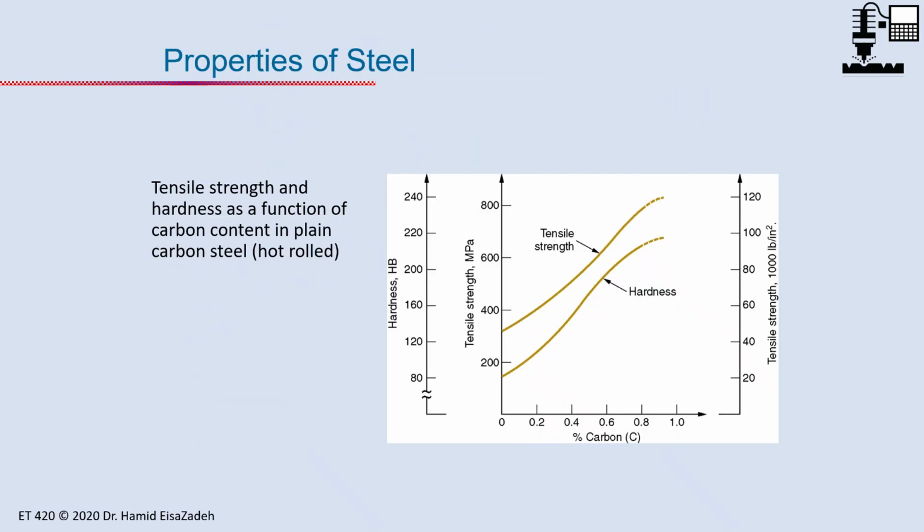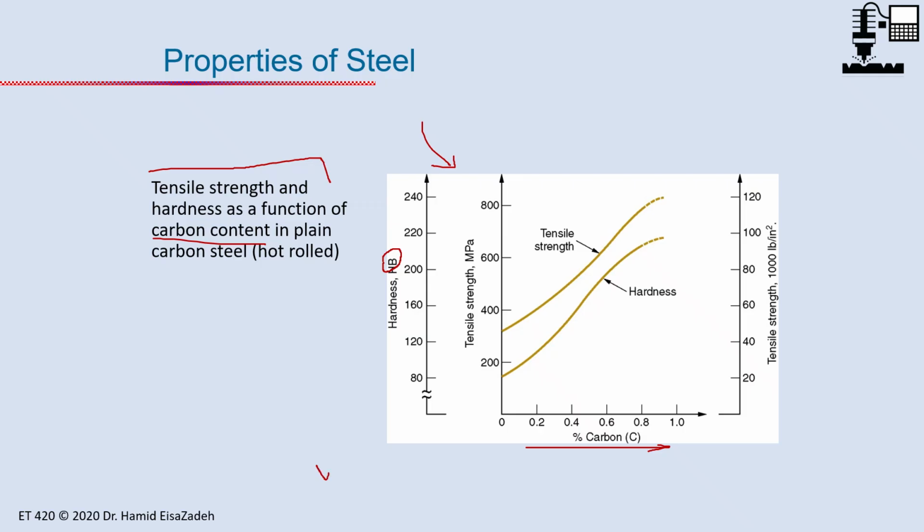This plot shows the relationship between tensile strength and hardness as a function of carbon content in plain carbon steel. As you see here in this axis, we have the carbon amount which increases from left to right, and here we have hardness. We have different hardness tests. One of them is Brinell, with unit HB.